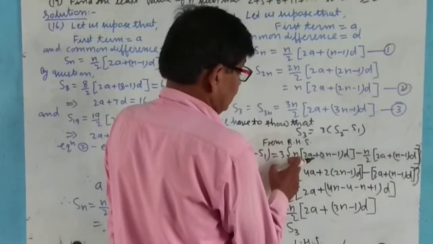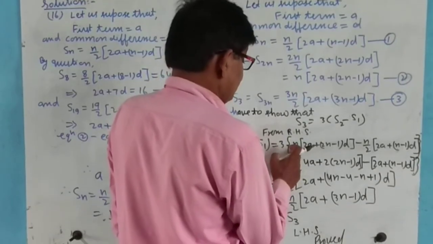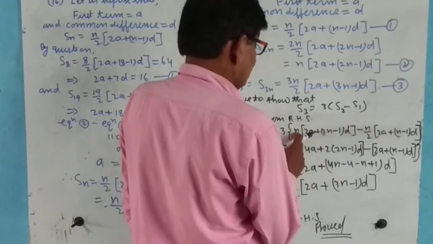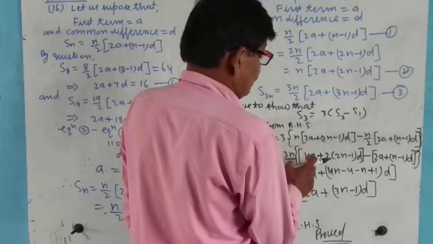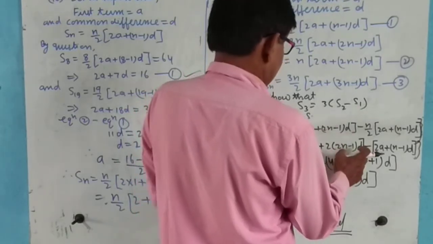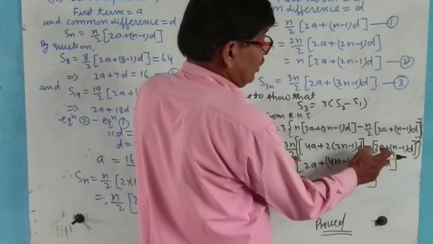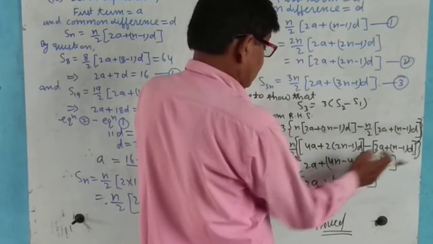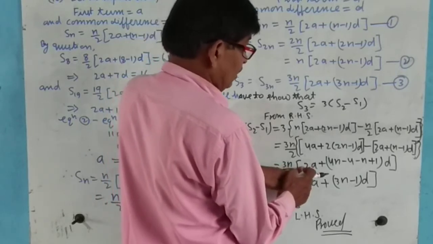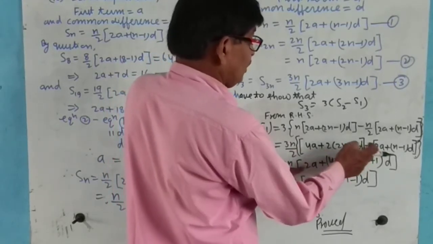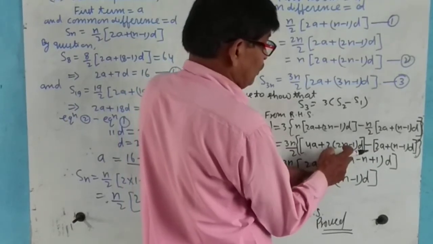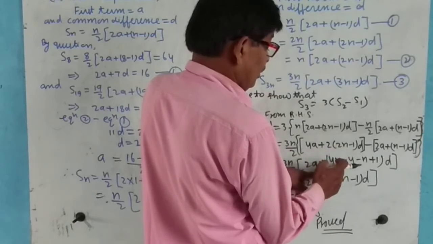Now we take n by 2 common, and inside we get 4a plus 2(2n minus 1) d minus (2a plus (n minus 1) d), and this is multiplied by 3n by 2. Here 4a minus 2a is 2a.